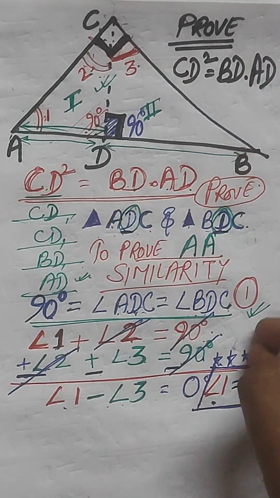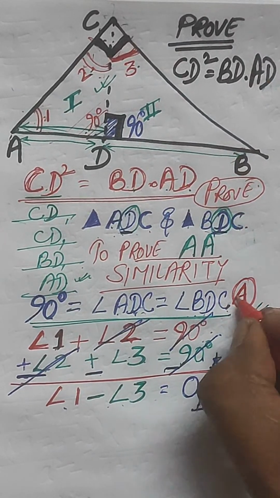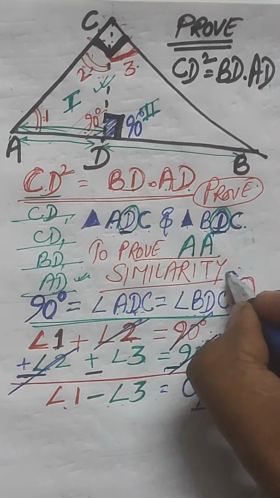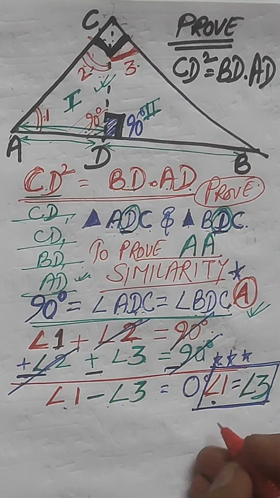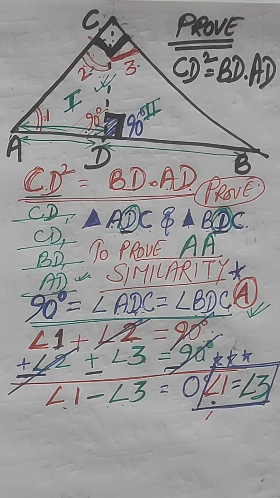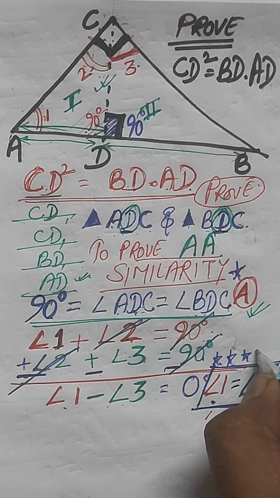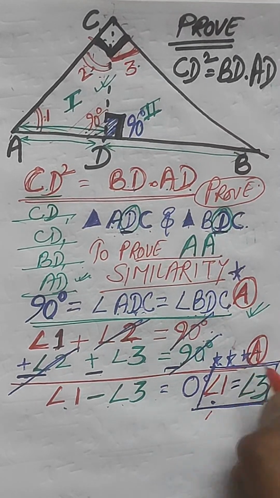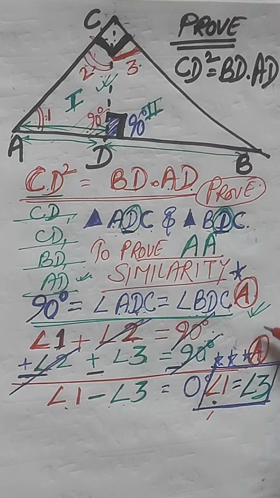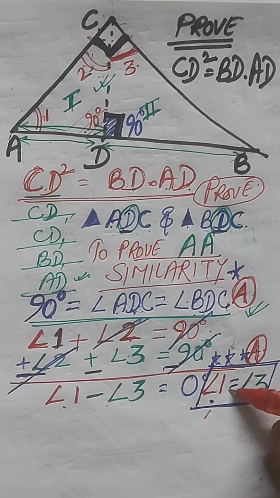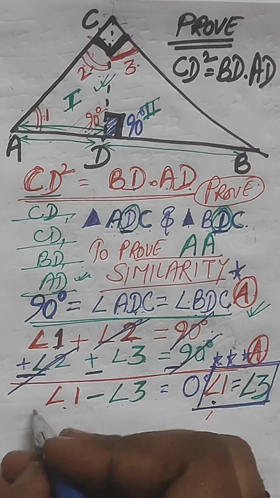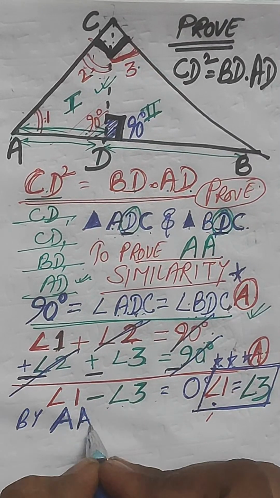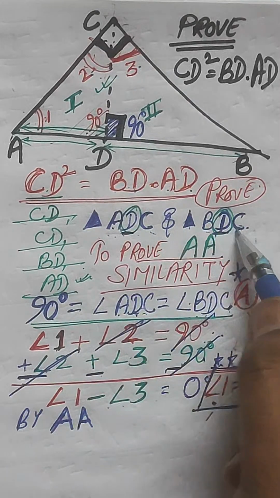And now this is the second angle, that is angle 1 equal to angle 3. So here another criteria is fulfilled too. So from the AA criteria, one angle this and another angle this, by angle similarity criteria, these two triangles ADC and BDC are similar.